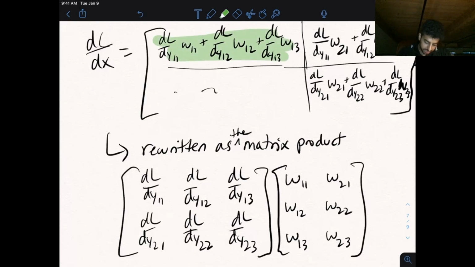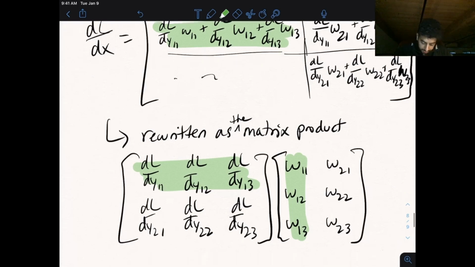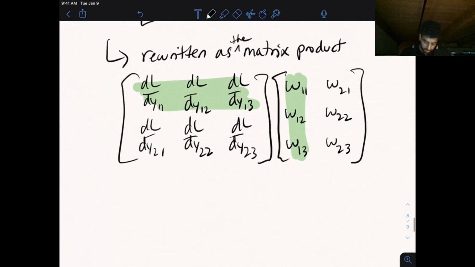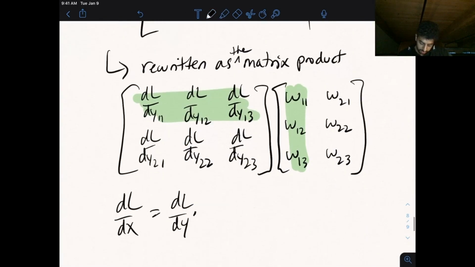This is just the dot product between this row vector and this column vector, right? And the same is true for all of the other values in dl dx. So the important thing here is that we can just simply rewrite dl dx as dl dy times the transpose of the weight matrix.